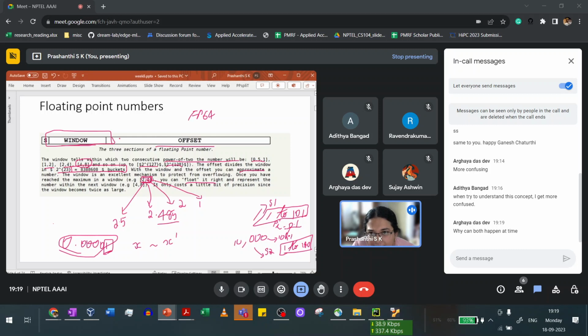So instead, what floating point format tries to do is to have this trade-off between the dynamic range and the precision. Why can both happen at a time? As in, let's say I have a very big value that I want to represent accurately. That would be a case where both can happen at the same time.